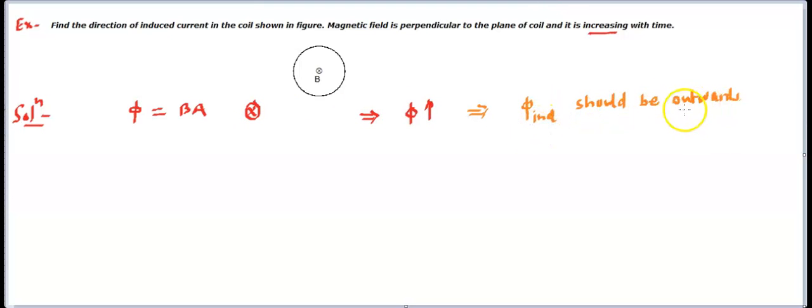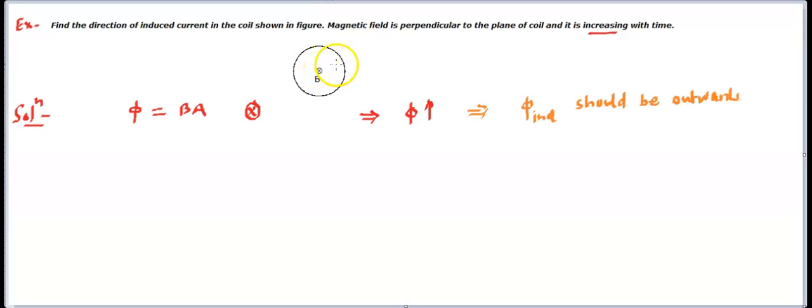So this is going to be outwards, and now if you want flux to be outwards, that means you want the magnetic field to be outwards. So if you want to run a current on this loop in such a way so that the magnetic field comes outwards, what should be the direction? So we can use the right hand rule. If we choose this direction, then using the right hand rule and curling the right hand fingers, the thumb will be outwards, so you'll find it's going to be in the outward direction. Makes sense?